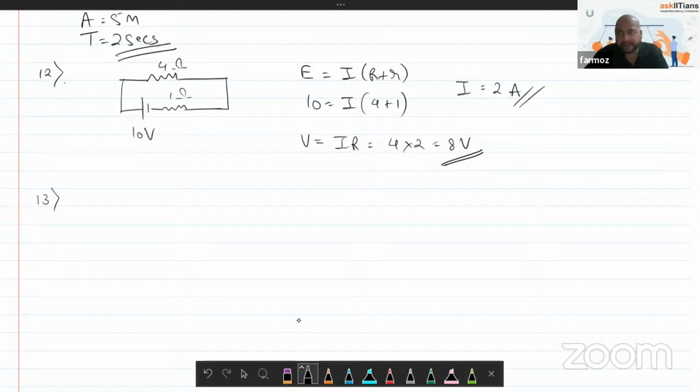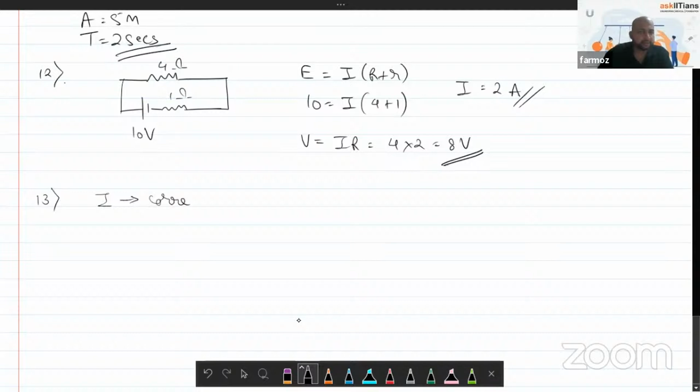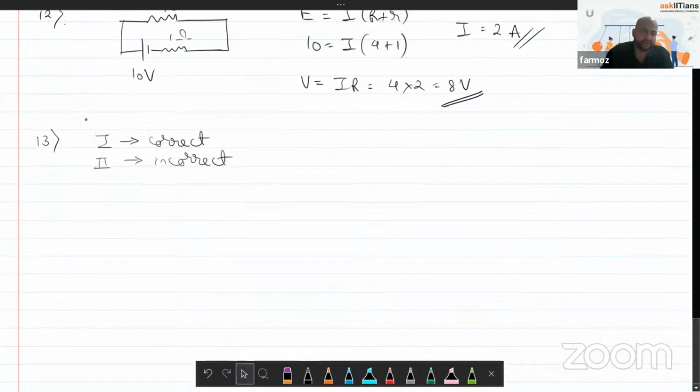So the statement is not correct. So I can go with the third option, that is statement 1 is correct, but statement 2 is incorrect. Clear, everyone? Okay.